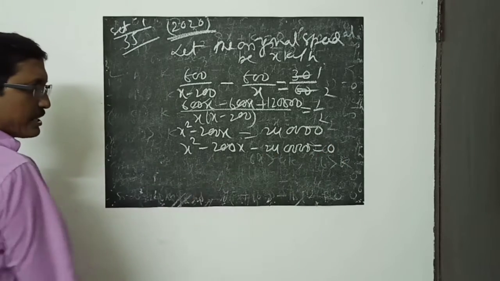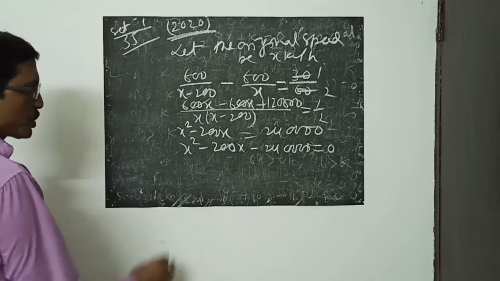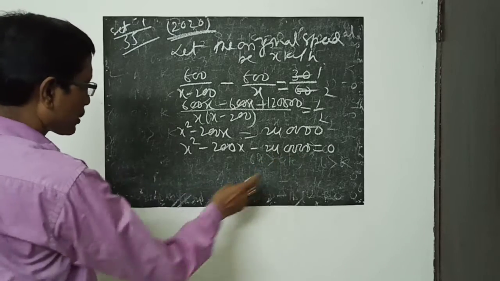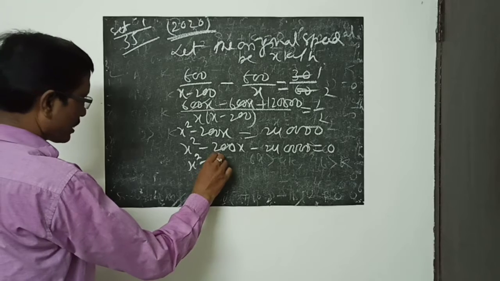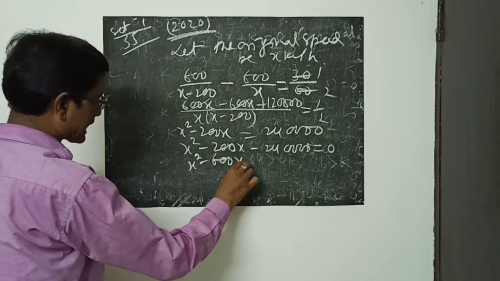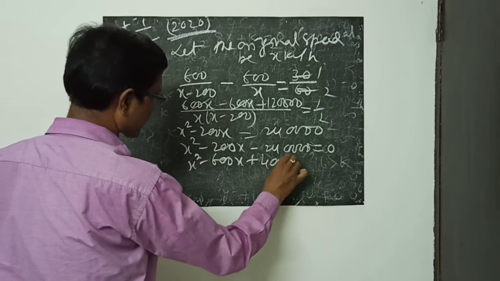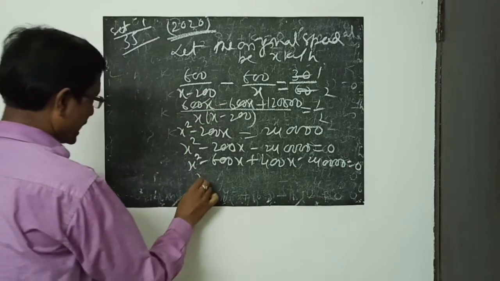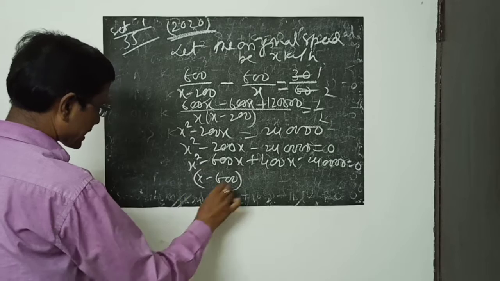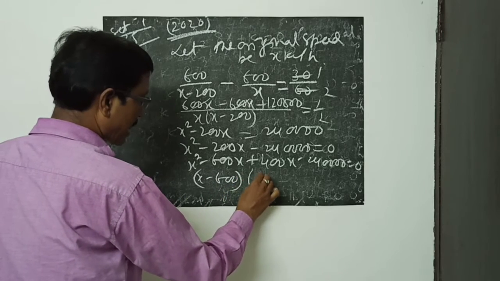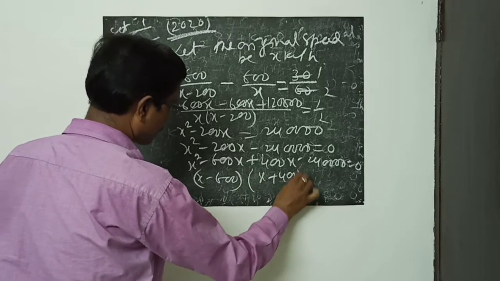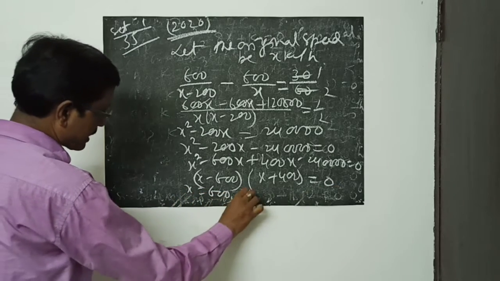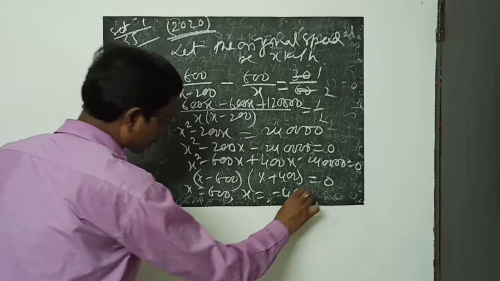Splitting the middle term, x minus 600 and x plus 400 will come. So you are getting x equal to 600 and x equal to minus 400.